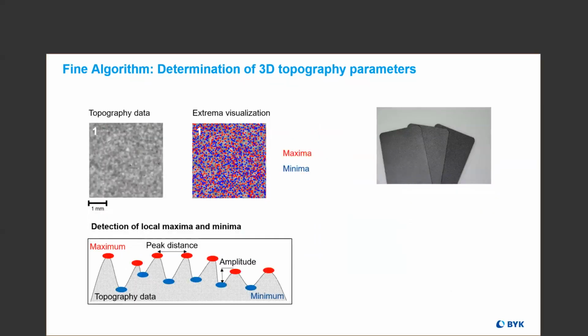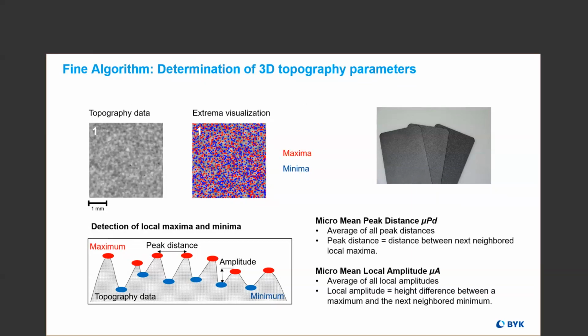And the way we do that is to calculate local maxima and minima, which here we can see in the extrema visualization image where the red dots represent the high points and the blue dots represent the low points. And the peak distance is the distance between neighboring local maxima. And the micro-mean peak distance is, of course, the average of all those values.